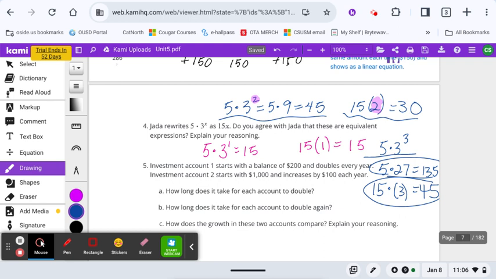So are these expressions equivalent? Do they equal the same thing? Only when I used an x of 1.